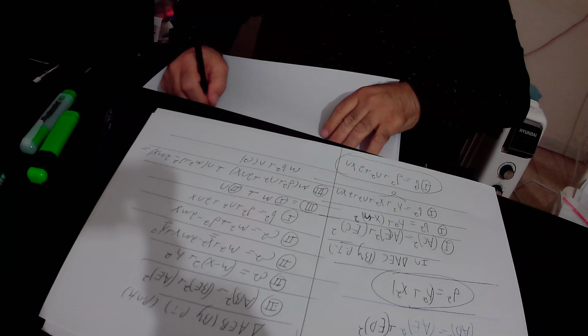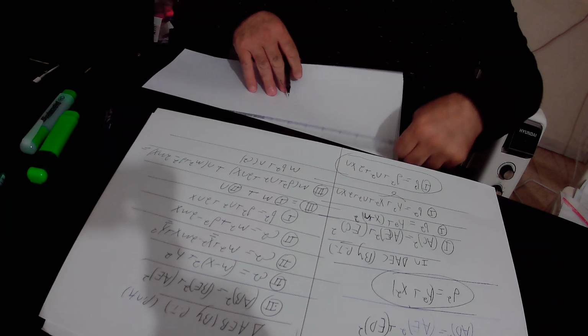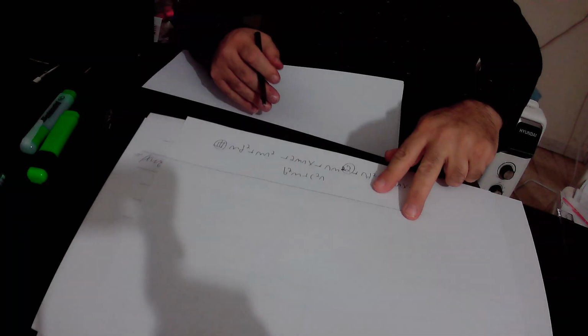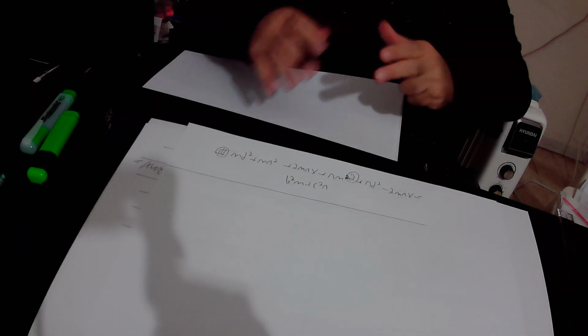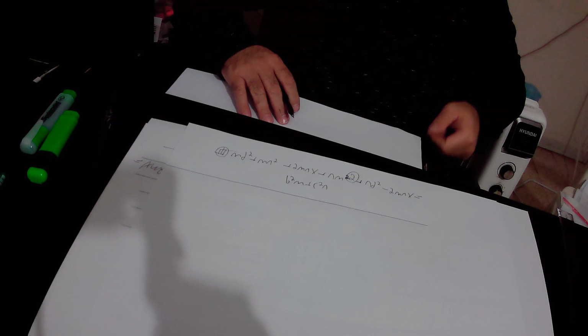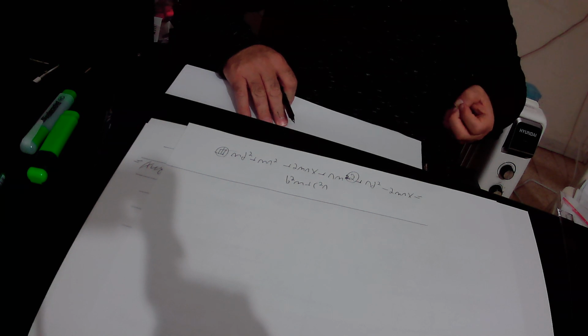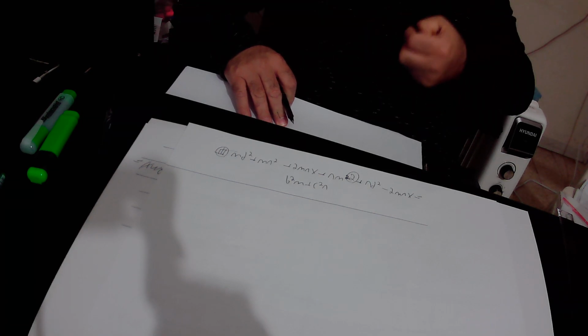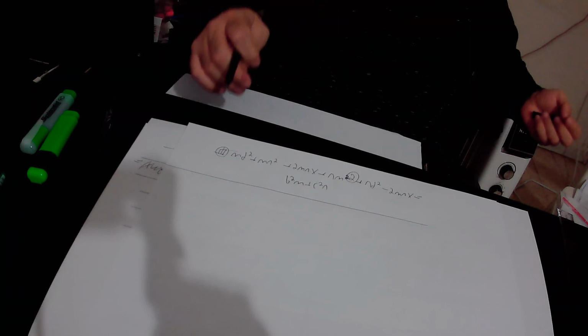Okay, so this is what we got. This is actually equation number 3. I repeat again that we got equation number 3 by multiplying equation number 1 by m, then we multiplied equation number 2 by n, and we added the two equations together, and we got this equation.